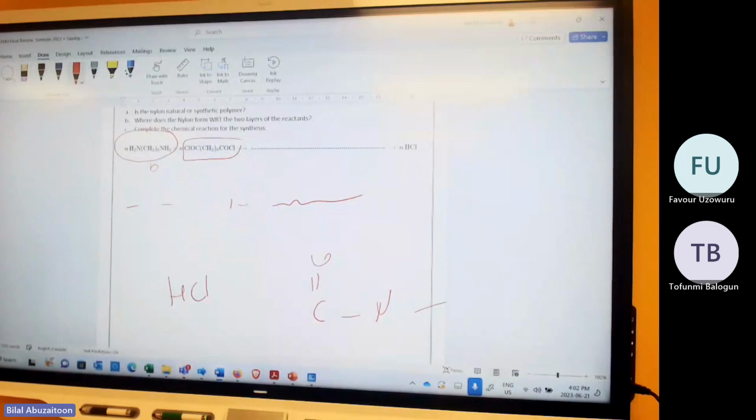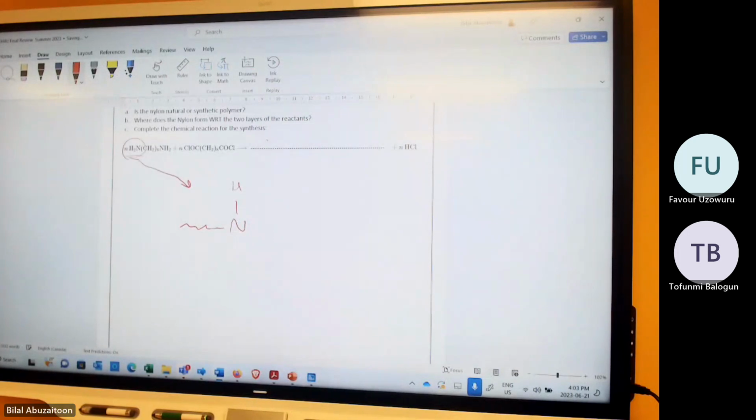I would write the final answer in the space here. Since this is polymerization, I'll write it down.